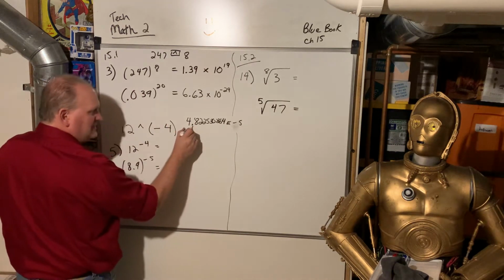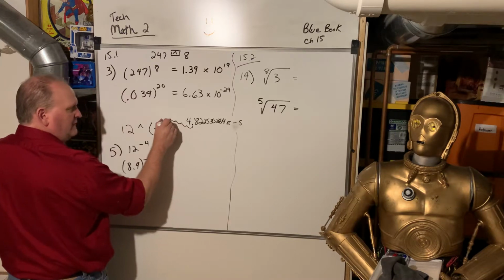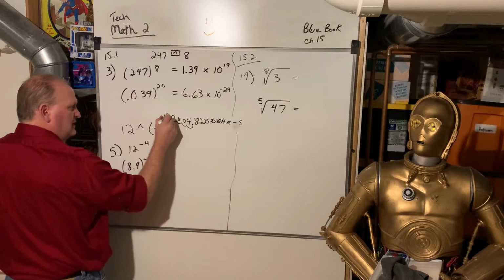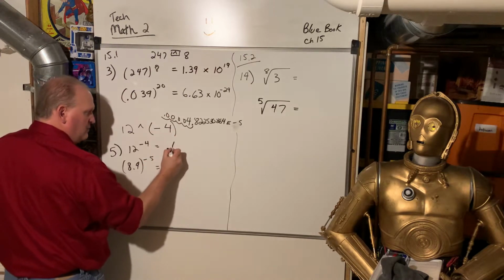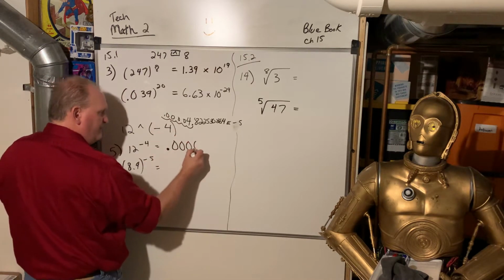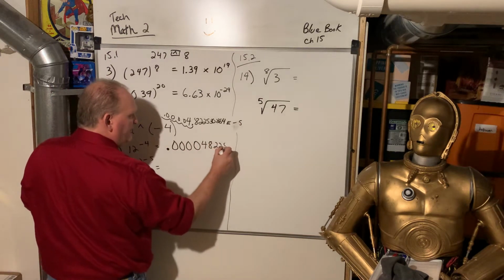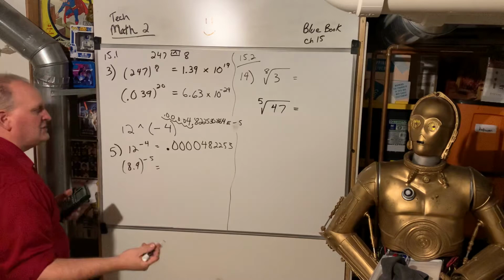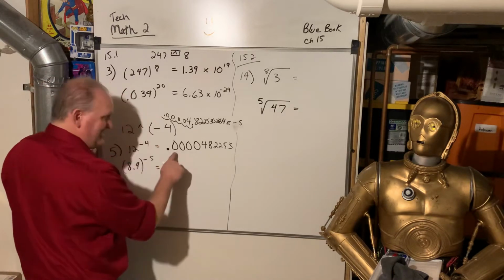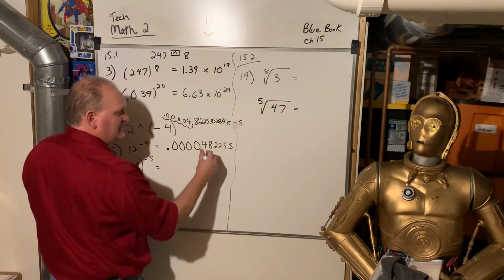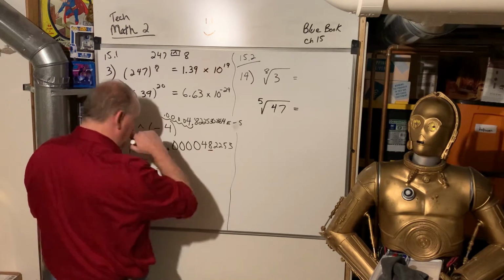So 5 places to the left, 1, 2, 3, 4, 5, that actually adds 4 zeros in front. So we have a decimal, 1, 2, 3, 4 zeros, and then the number 482253, and so on. So now let's go tenths, hundredths, thousandths, 10 thousandths, 100 thousandths, millionths is right there.